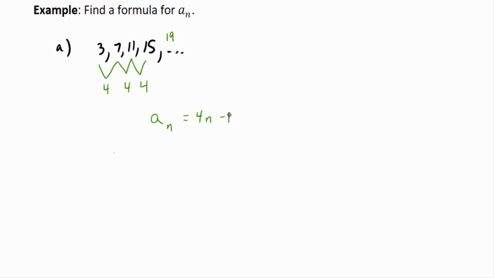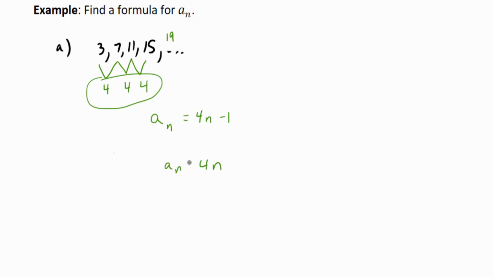Well, think about it. To go from one term to the next, you're adding that common difference of 4, right? Repeated addition of 4. Oh, that has to do with multiplication by 4, doesn't it? So you can take that common difference, multiply it by n, and then adjust.